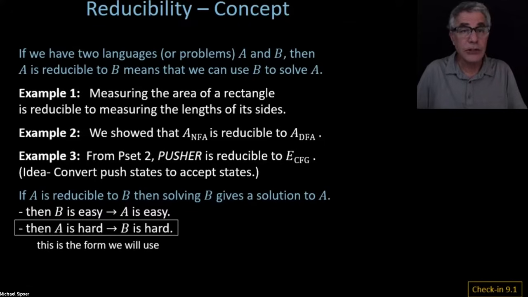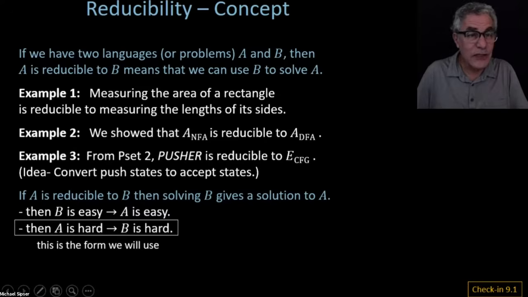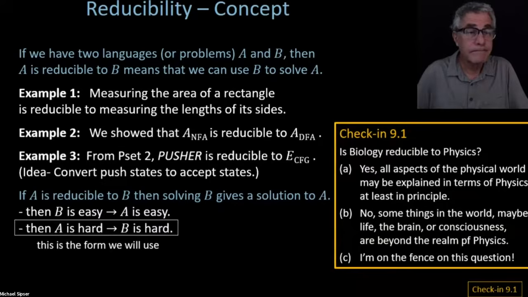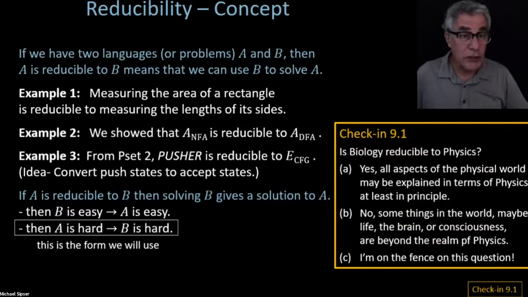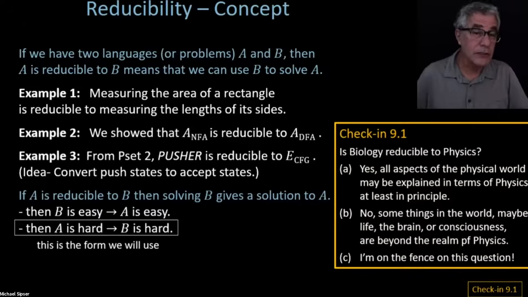All right, here's a check-in. A little bit off to the side, but I thought it was a fun check-in. The question is, some people say biology is reducible to physics. Well, maybe everything is reducible to physics, since physics tells you about the laws of the universe, and biology is part of the universe. So my question to you is, and there's no right answer here, in your opinion, is biology reducible to physics?